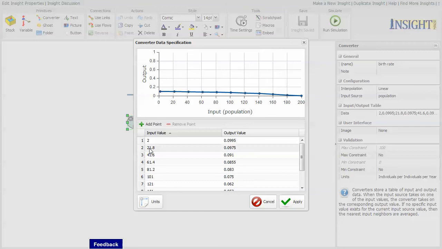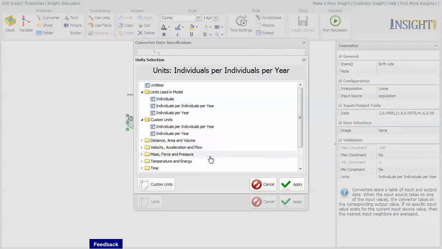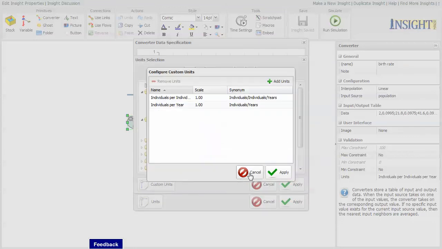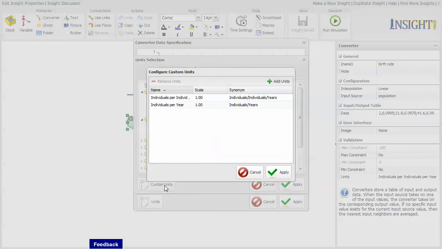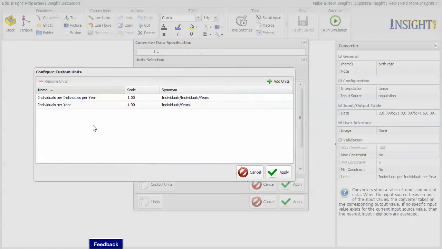So if we look at the custom units definition, which is on the units dialog box itself, you look at the definition, and we've set up that individuals per year on a scale of 1 is simply individuals divided by years, and the same way with individuals per year is individuals divided by years.